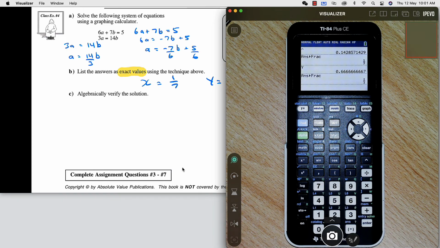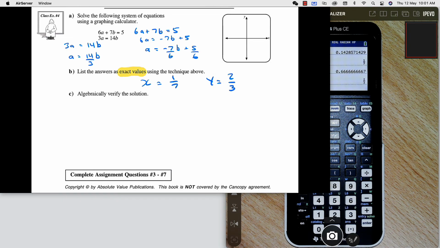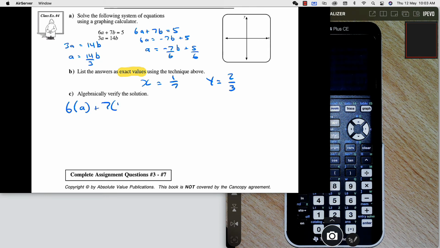Okay, so I'm just going to bring that up like this, because the next thing it tells us to do is to verify this algebraically. So let's verify this algebraically. So we're going to take the original equation, which is 6 times A plus 7 times B, and that equals 5.